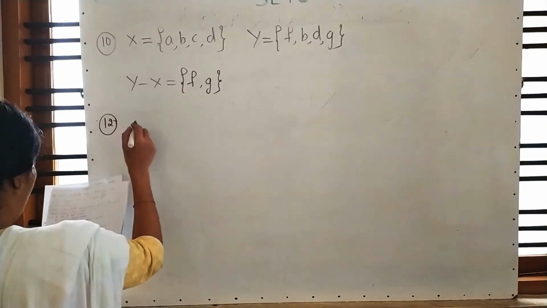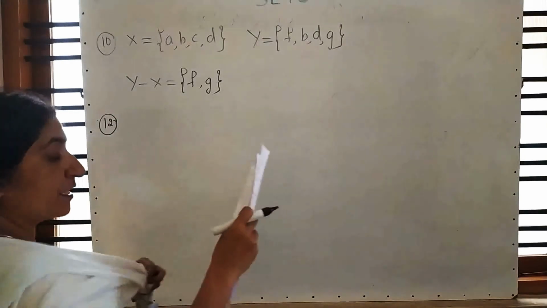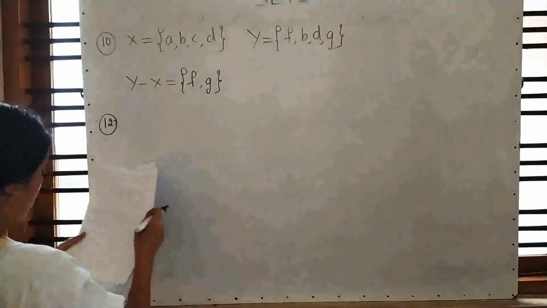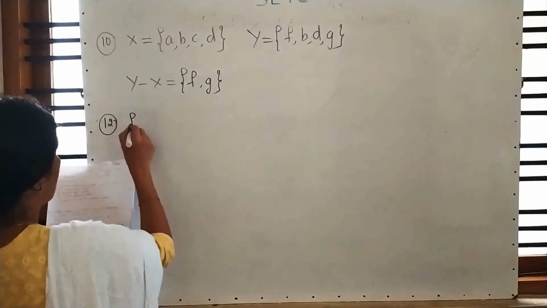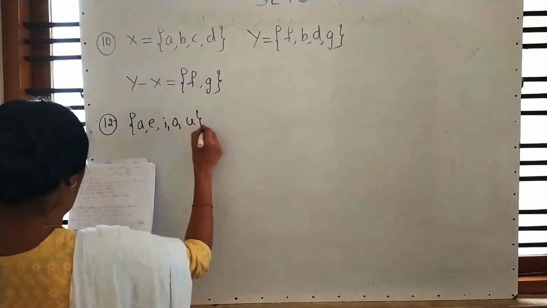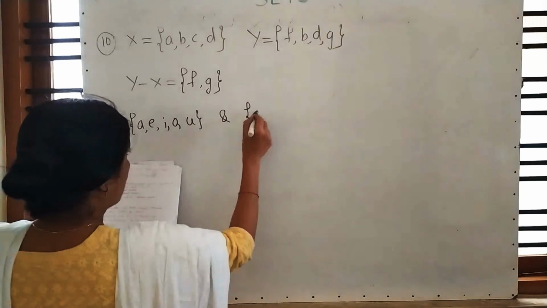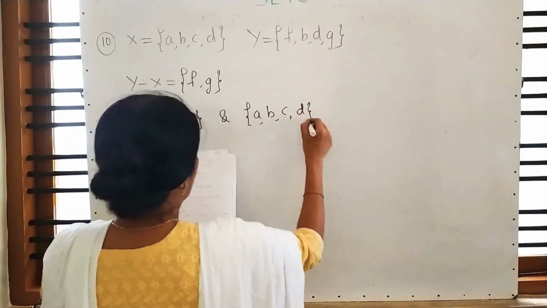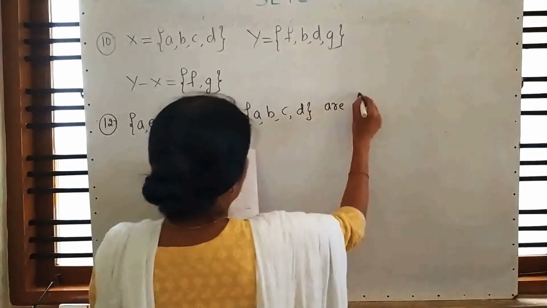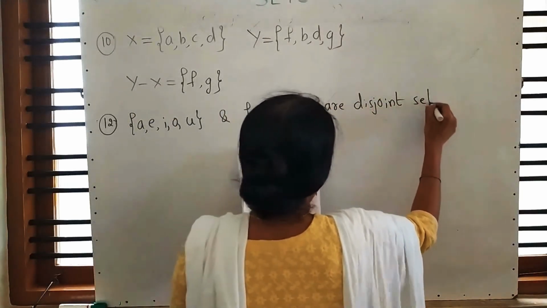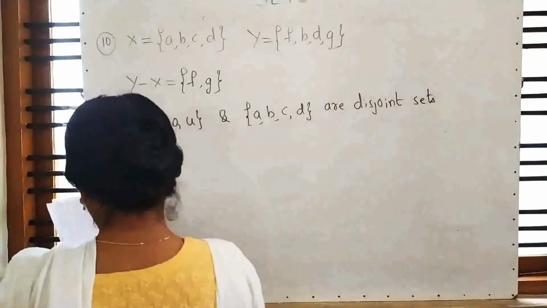12th one. You have to say whether the given statement is true or false. In that, the assignment question is: A, E, I, O, U and A, B, C, D are disjoint sets. First I am taking the intersection of these two.